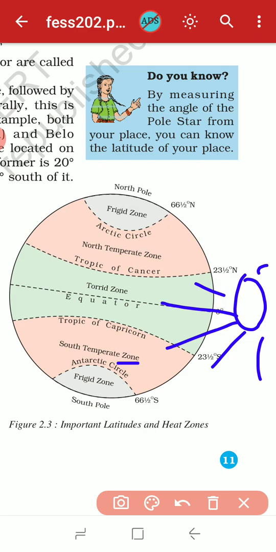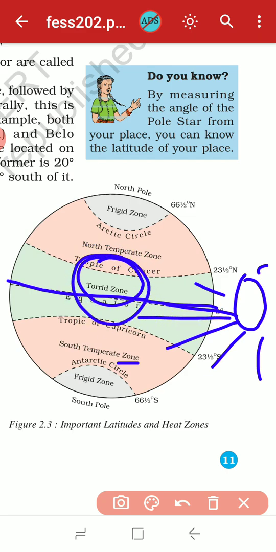That's why the torrid zone, which is very close to the equator, has very hot temperatures. The temperature rises there because the sun directly contacts the equator.